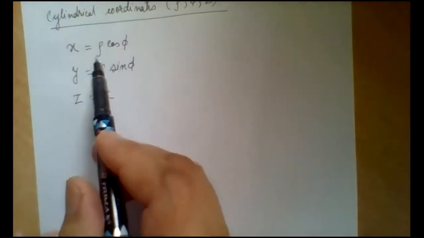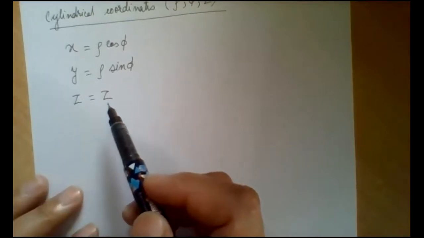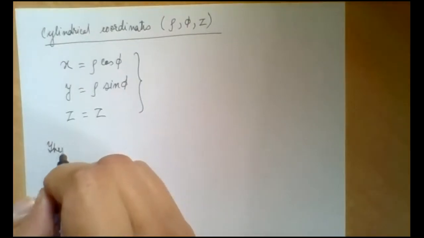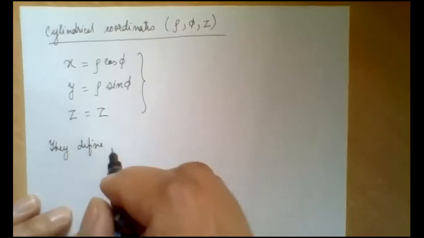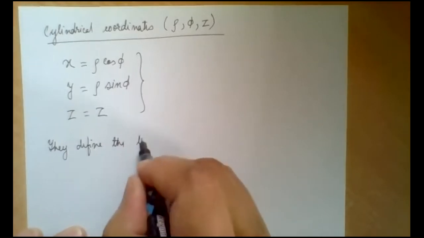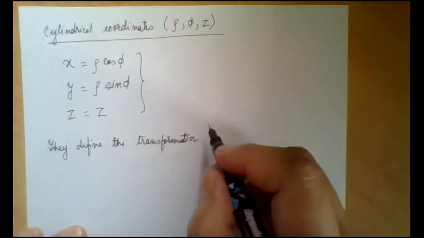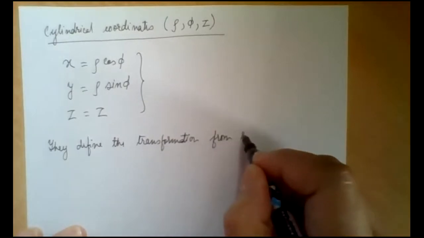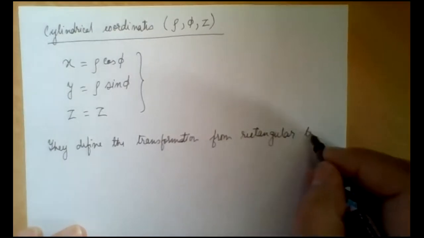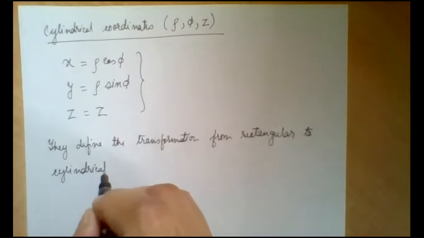We have these three expressions. And what do these three expressions define? They define the transformation from rectangular to cylindrical coordinates.